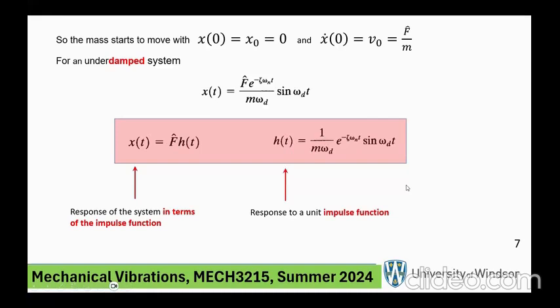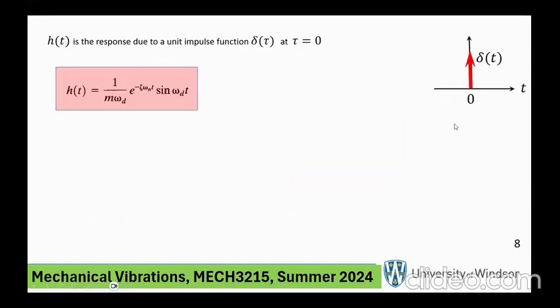Now let me remind you, the unit impulse function is our delta t. Delta t is a unit impulse function because it's 0 everywhere. At the place that it acts, it goes to infinity, and the integral of it, which means the impulse of that function, is 1.